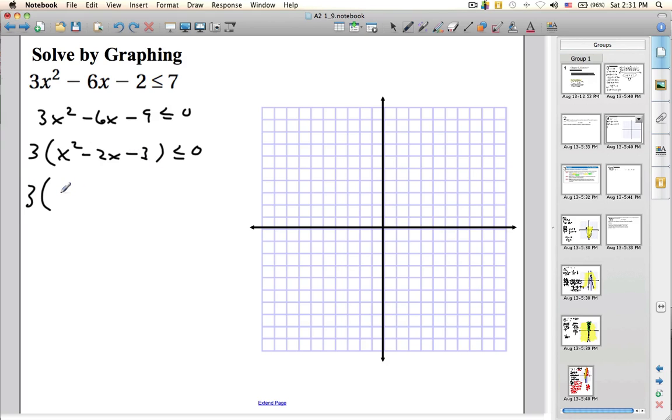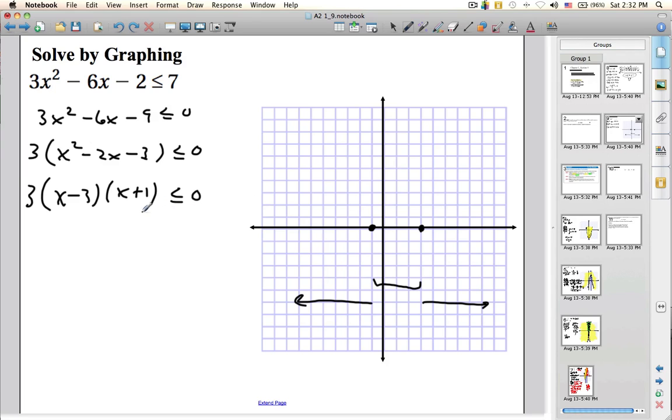It's nice to put it into intercept form because you can find your solutions very quickly. This is x minus 3 times x plus 1. So I know my intercepts are at 3 and -1. Here's -1 and 1, 2, 3. So I know that my solutions are either in between these 2 points, that's possible, or beyond these 2 points. One of the two.